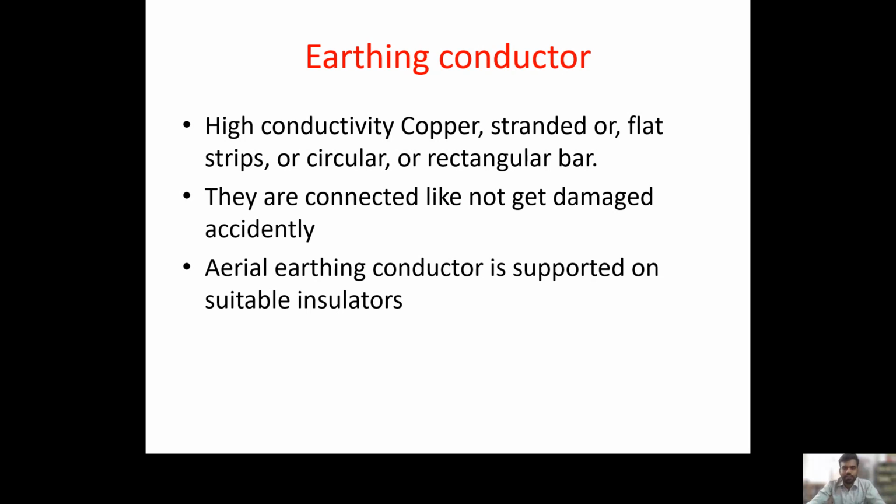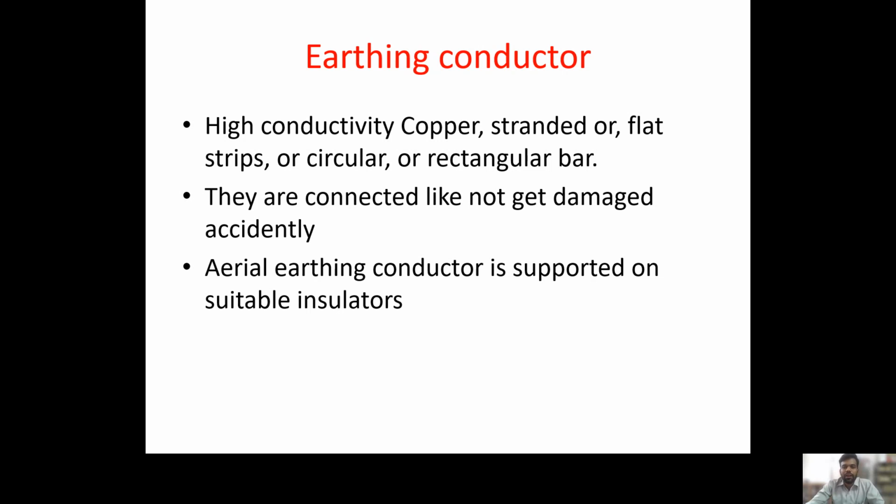The next thing is the earthing conductor. After all these things, we need to make sure about the earthing. The earthing conductor is high conductivity copper, stranded or flat strips, or circular or rectangular bars. It is normally made up of copper or aluminum, and normally copper is used for daily appliances.